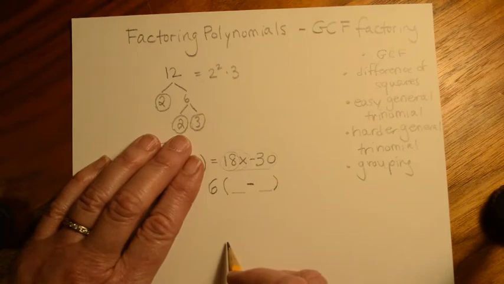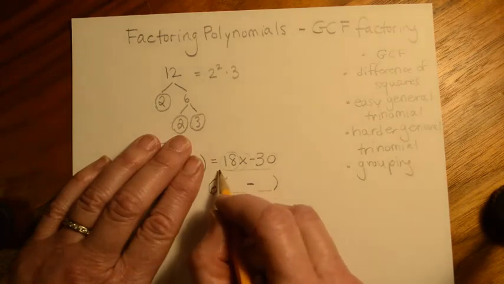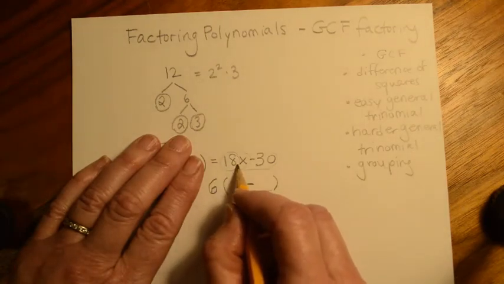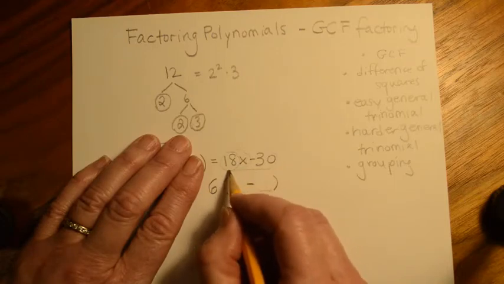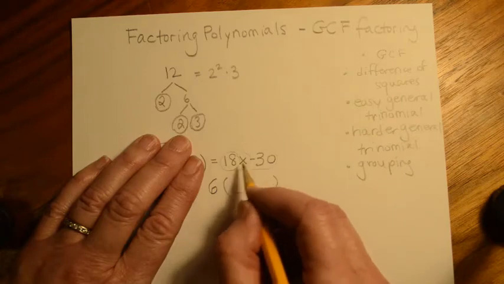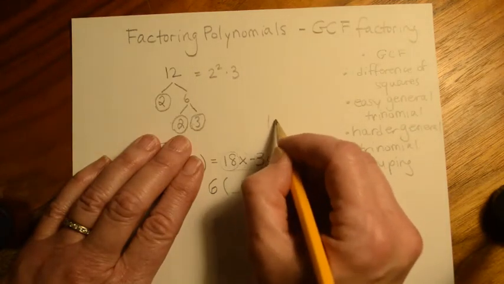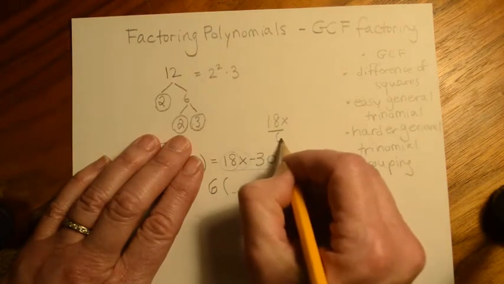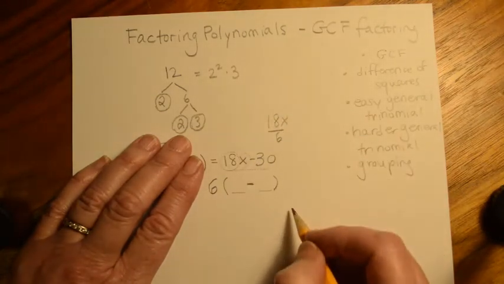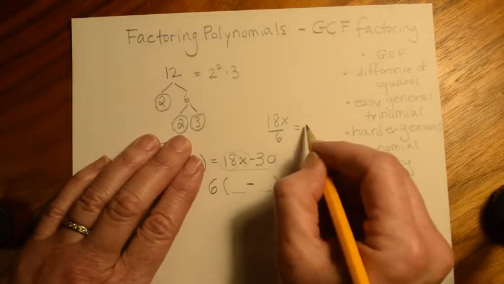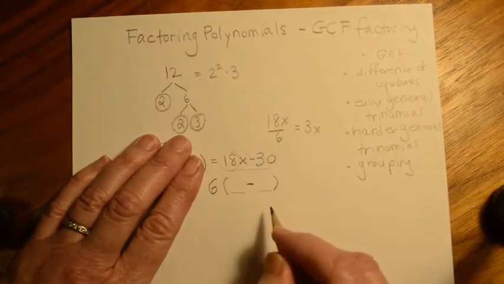If I multiplied through by 6 and got an 18x, then to undo that I take the 18x and divide the 6 back out. 18 divided by 6 is 3. So it must have been a 3x that was there.